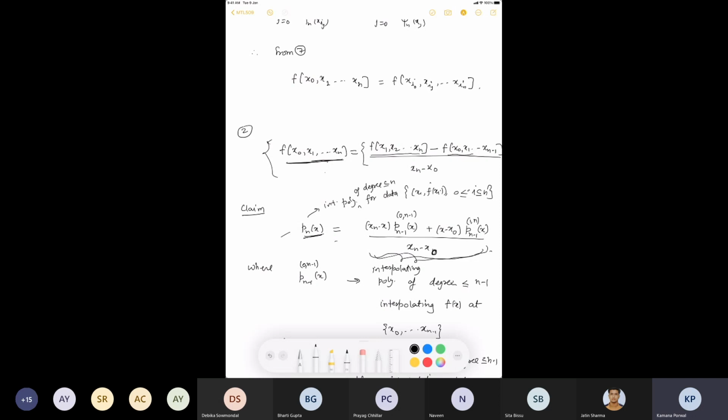But these formulas are not going to be valid if any two of the nodes coincide. Suppose you have two data points x0 equal to x1, then in the denominator you will have terms like x0 minus x1. These terms do not make sense when the nodes coincide. So this formula is not useful when we have two equal nodes, or say four nodes which are coinciding.